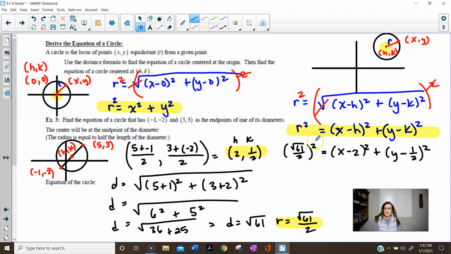And then what I would recommend is let's just simplify the radius a little bit. When you take the square root and square it, those cancel. So that's just going to be 61 over 4. So final answer, x subtract 2 squared plus y subtract 1/2 squared is equal to 61 over 4. You could use the decimal there if you wanted, but I'm good with the fraction.